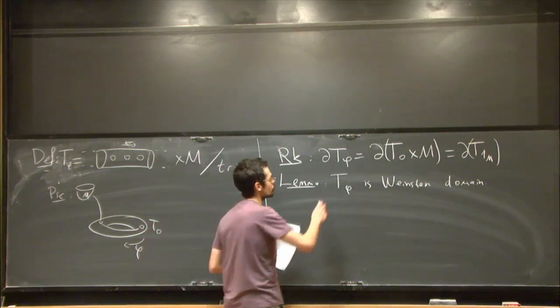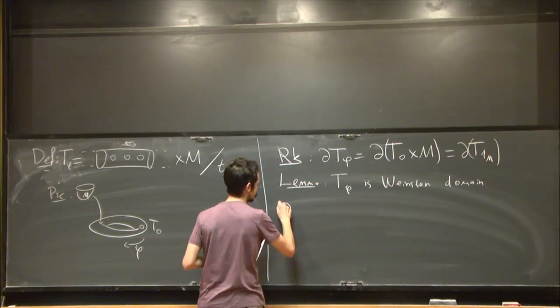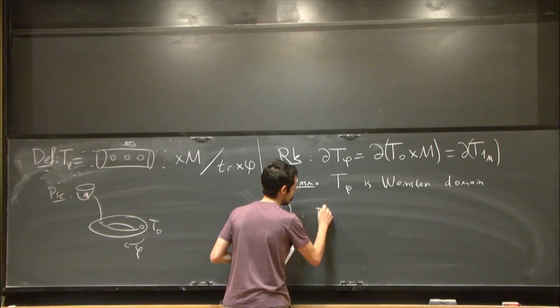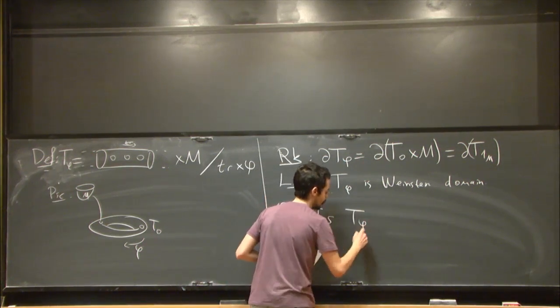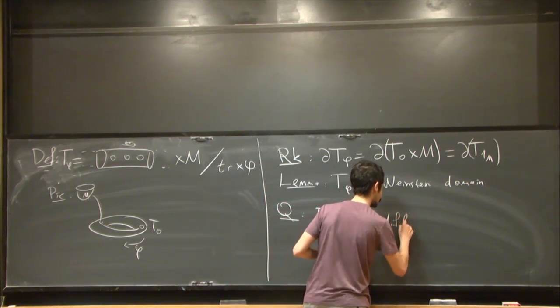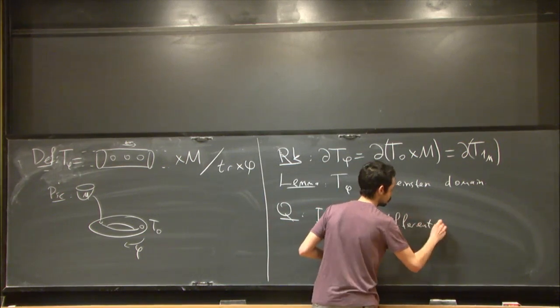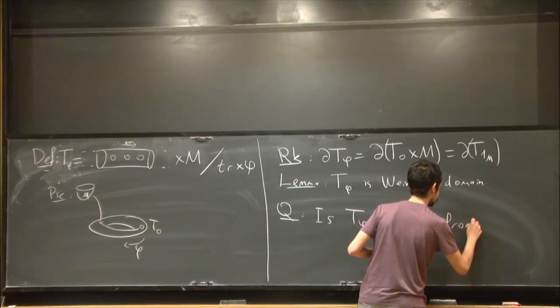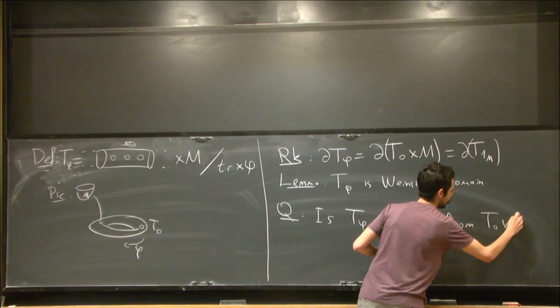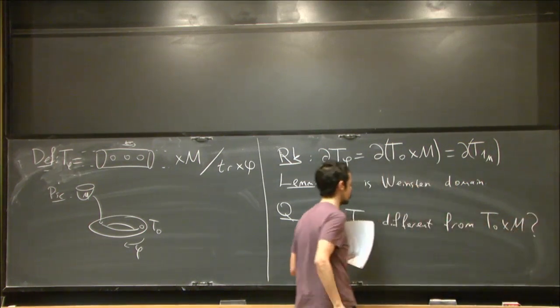Okay. So those are the fillings that we are trying to distinguish, and that's the question. Is T phi different from T0 cross M?